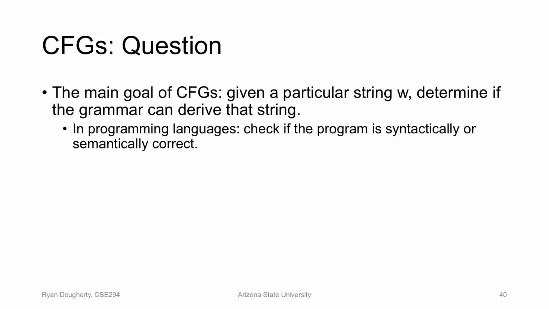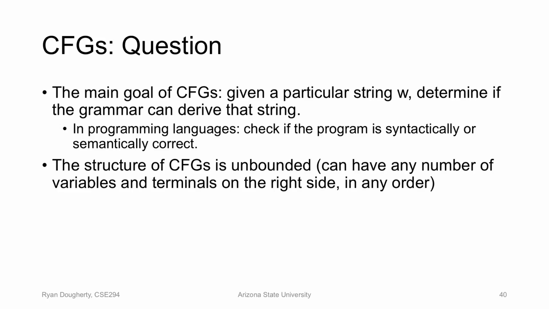And this is analogous to one of those applications: I want to figure out if the program that I'm given is syntactically correct or not. If it's not syntactically correct, then the grammar that corresponds to this language can't generate that program at all. Okay? So that's essentially my goal here.